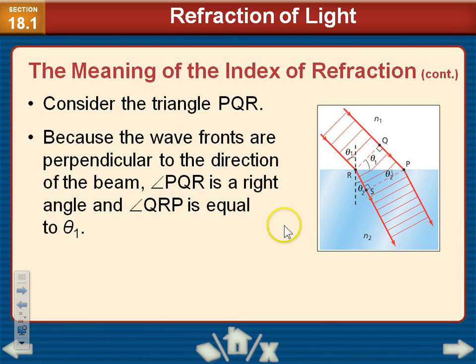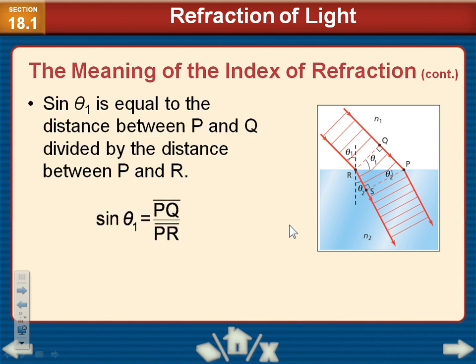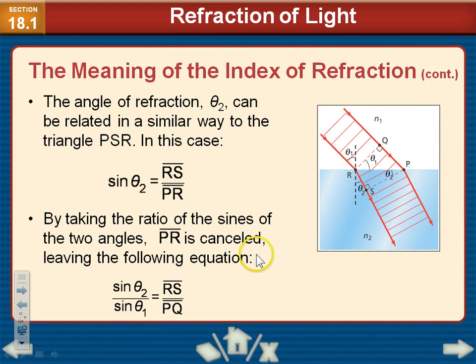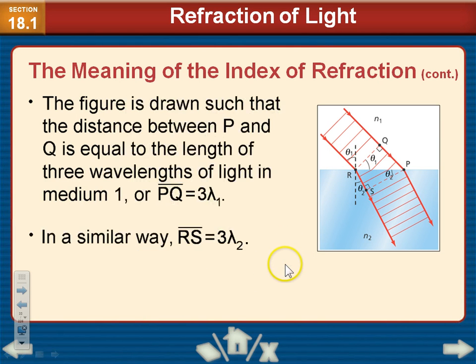If you're really interested, you can figure all this out. But basically, that's why we're using sine, because of our right triangle and our opposite over hypotenuse.